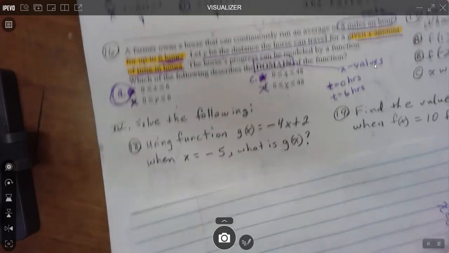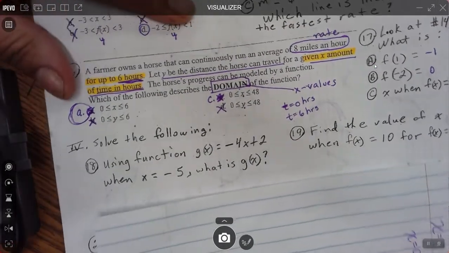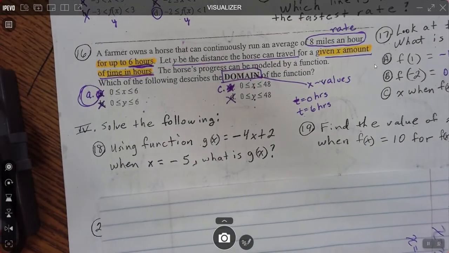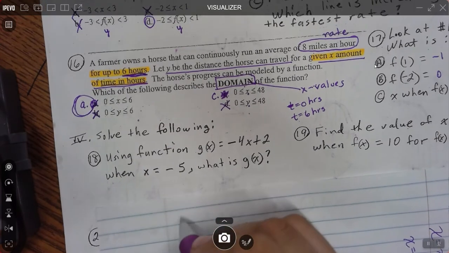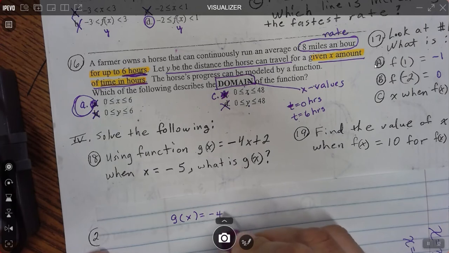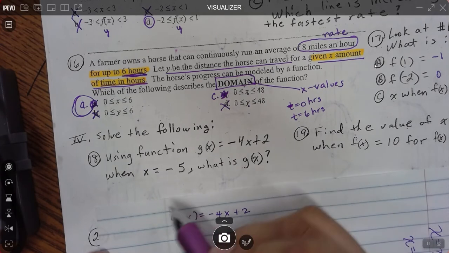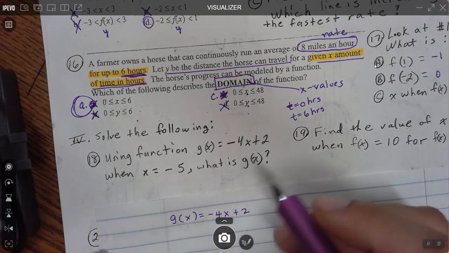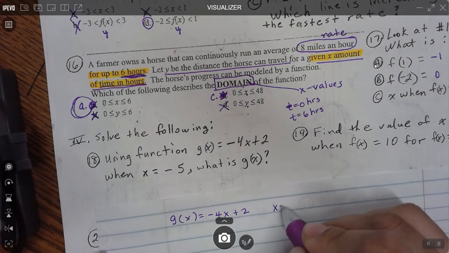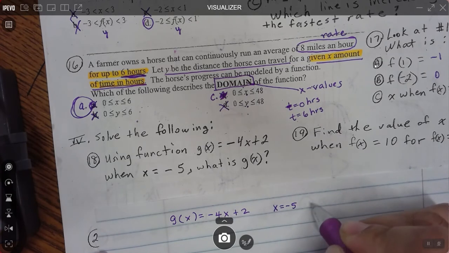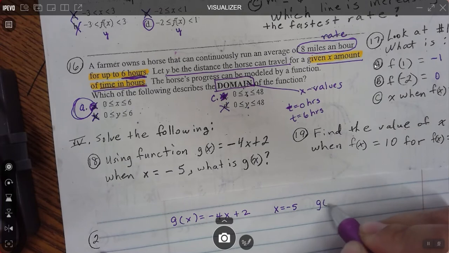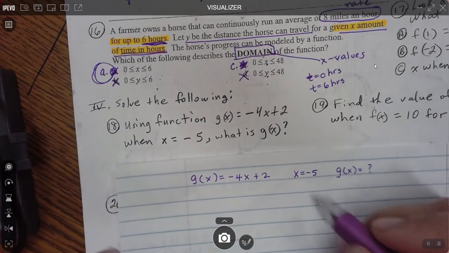Okay. Solve the following. Using function g of x equals negative 4x plus 2, when x equals -5, what is g of x? So they gave us x.